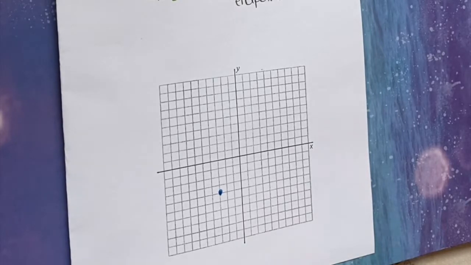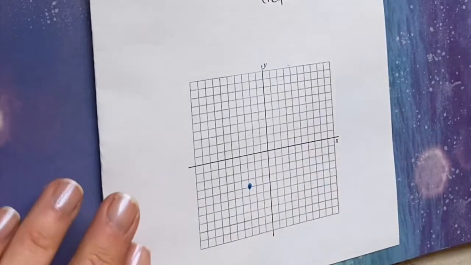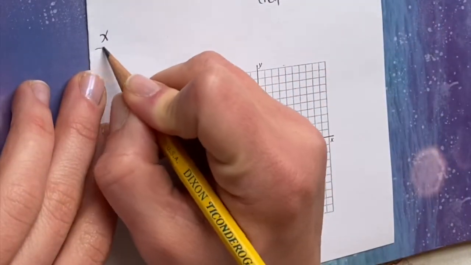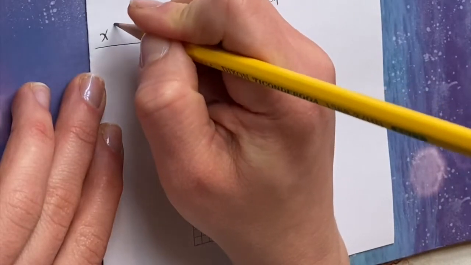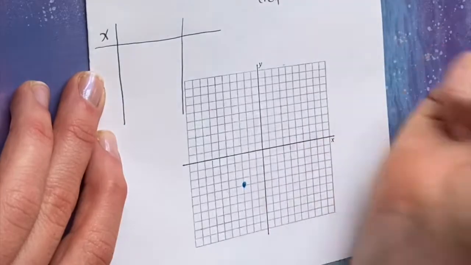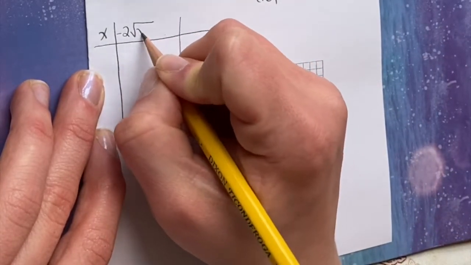And then I'm going to set up the table of values. So now I'm just gonna squeeze it on the left side over here. So I'm gonna make my 3 columns. In the middle column, I'm going to put our equation.